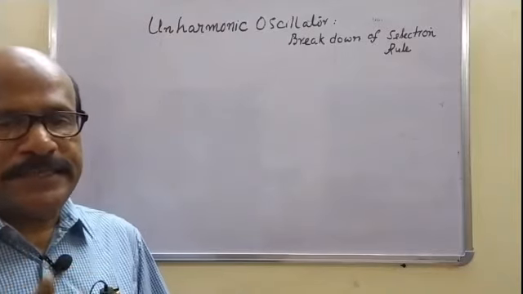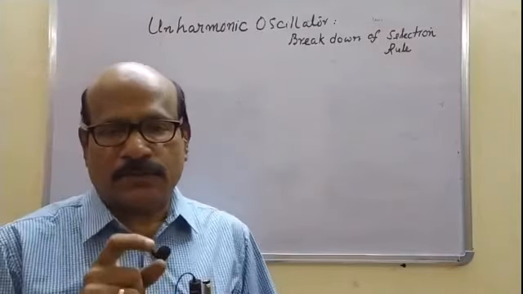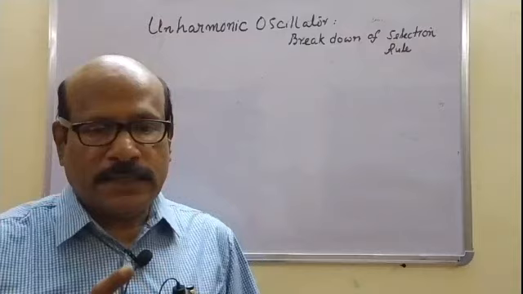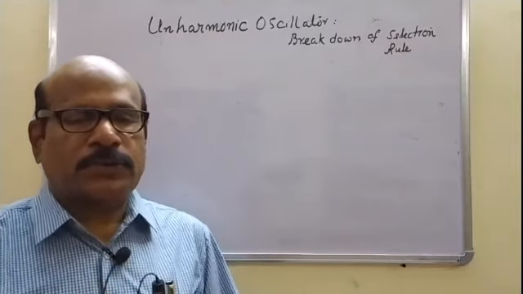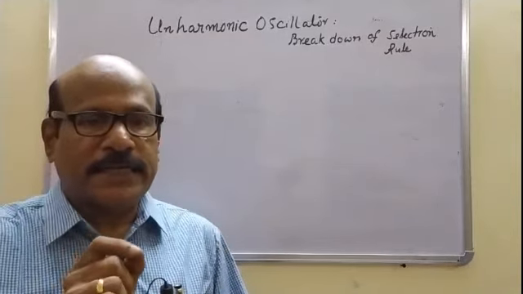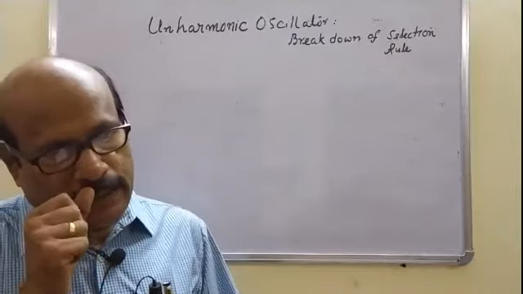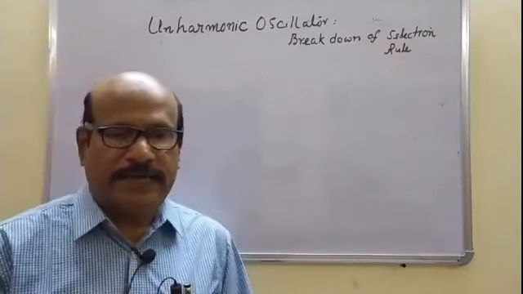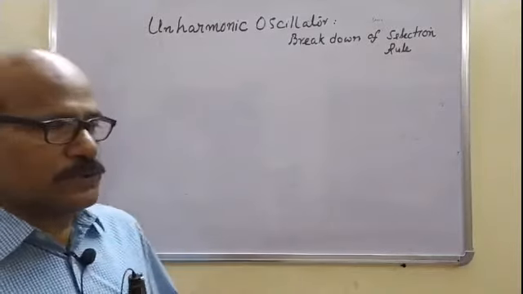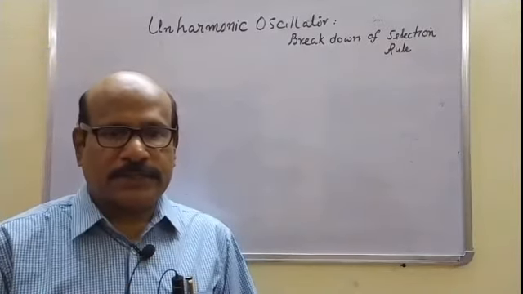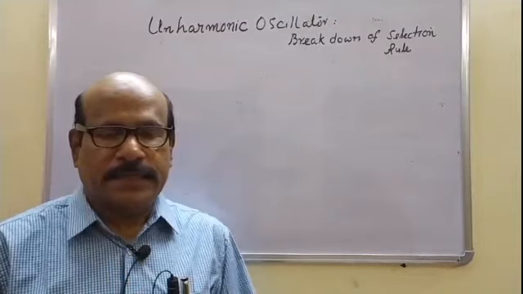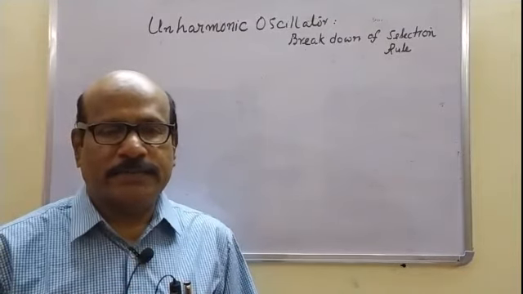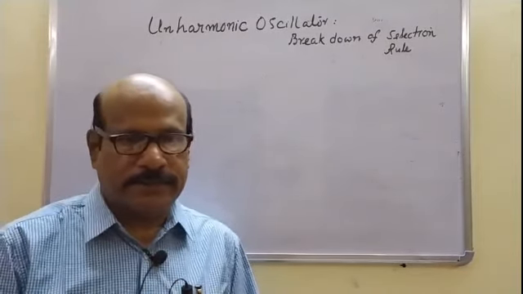Since the spacing between the vibrational levels is equal, all the lines merge together to produce a single line. So the IR spectrum for an ideal harmonic oscillator should consist of a single line arising from the various vibrational transitions.